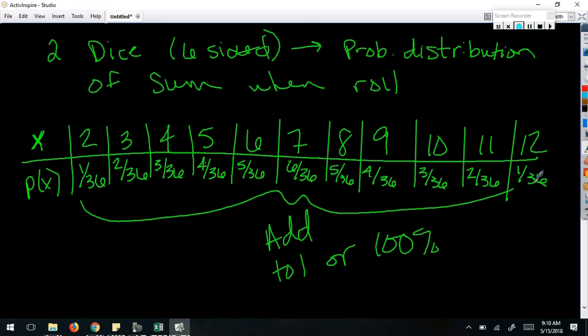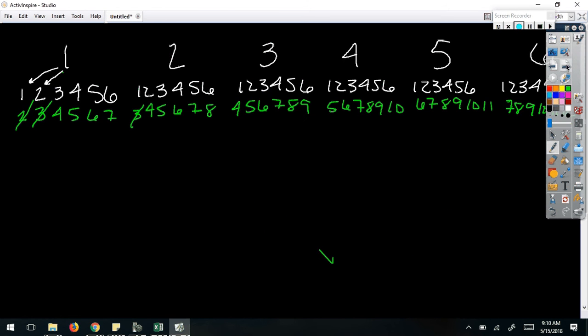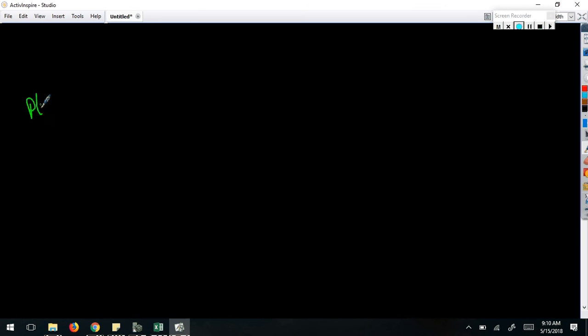Do y'all remember histograms? A bar graph. Easy. We're going to do it with bars. We're going to do our probability on this side. We're going to do our possible outcomes along the horizontal axis.